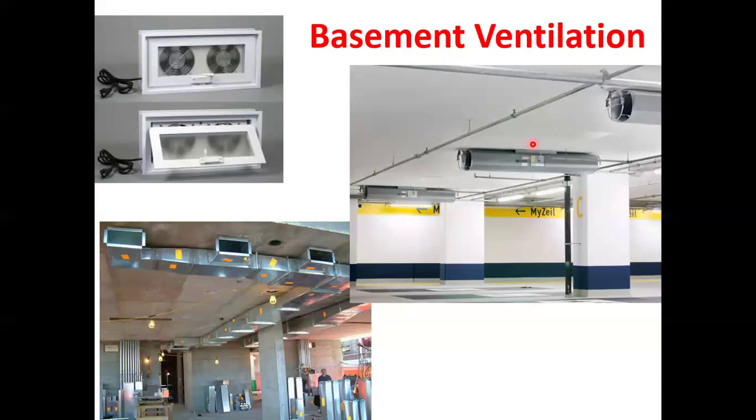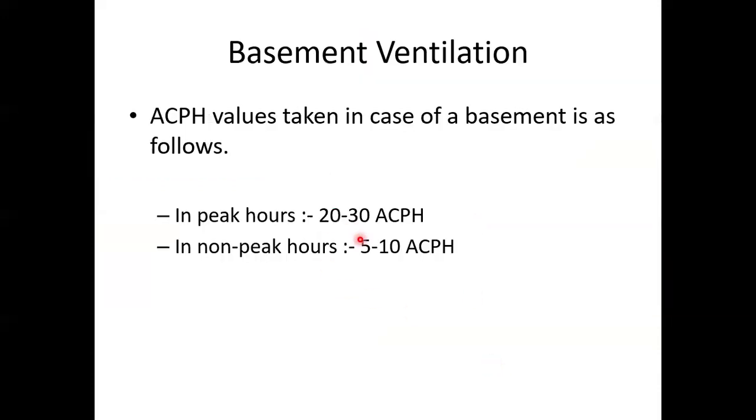Okay. So once again, for peak hours, the value is around 20 to 30 ACPH. For 20 to 30 ACPH, you get a defined CFM value, isn't it? For non-peak hours, the value is 5 to 10 ACPH, and by considering this value, you get another CFM value. So these are the two speeds of the fan. For example, in the case of 30 ACPH, you get 800 CFM.